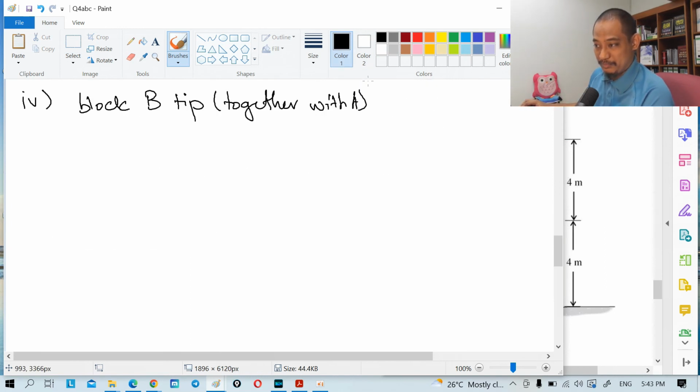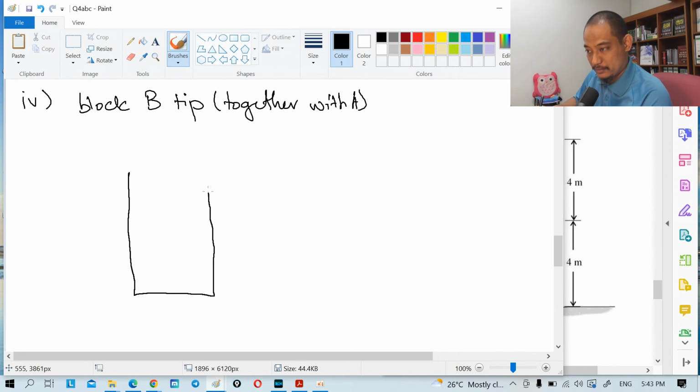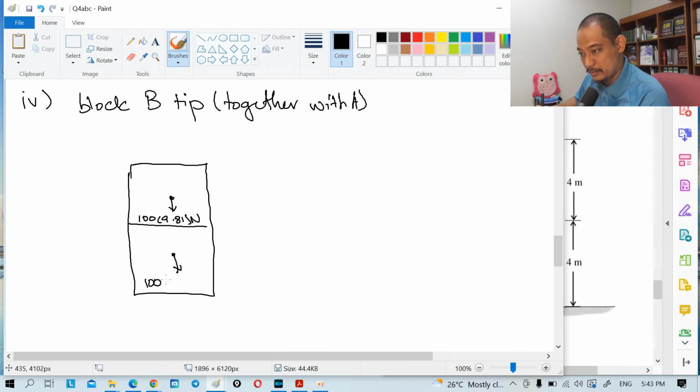Okay, block B tip together with A. This means that the blocks are still together. So the weight as just now, 100 times 9.81 Newton, and another 100 times 9.81 Newton.